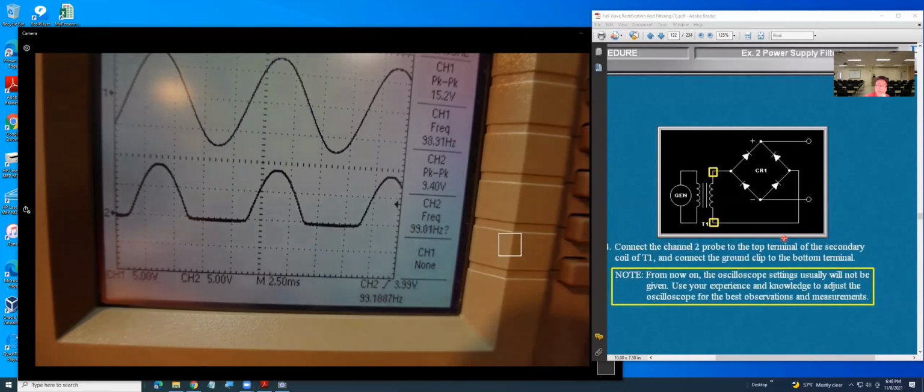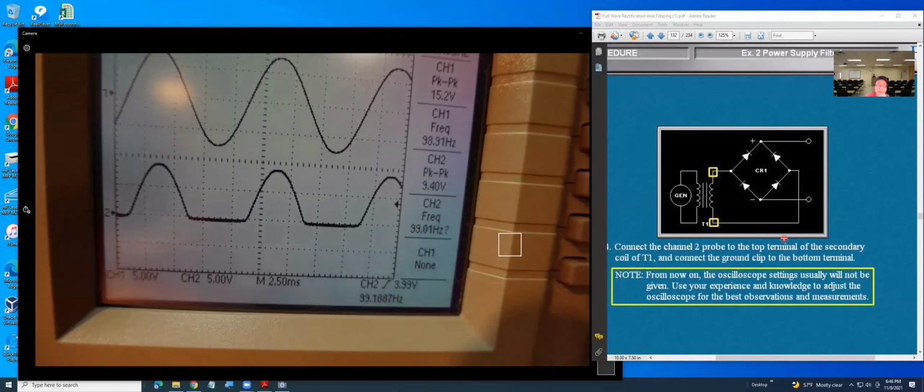We already did that. Connect channel 2 probe to the top terminal of the secondary. That we also already did. Set the sideways generator to 60 Hz.